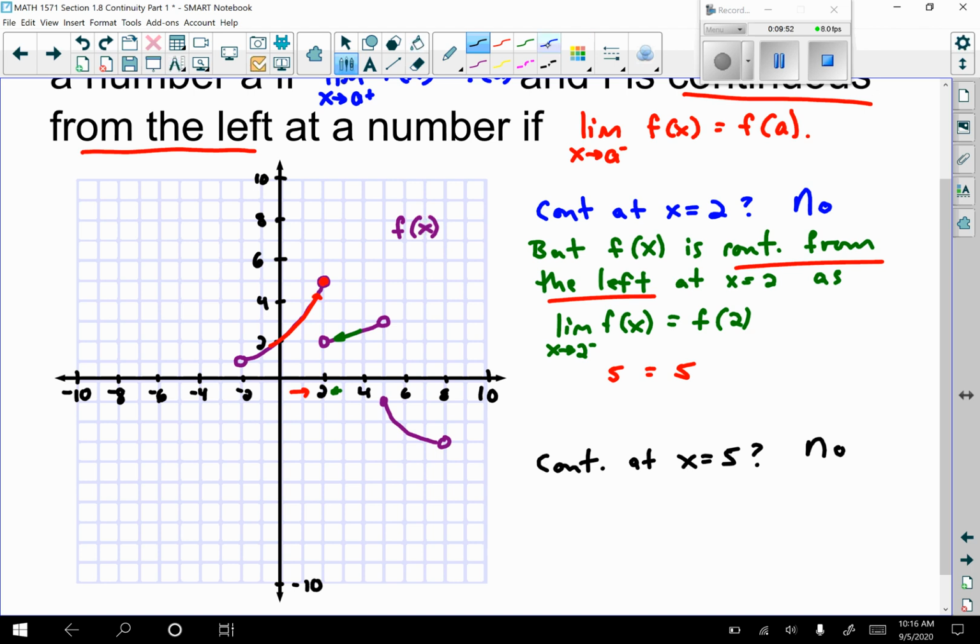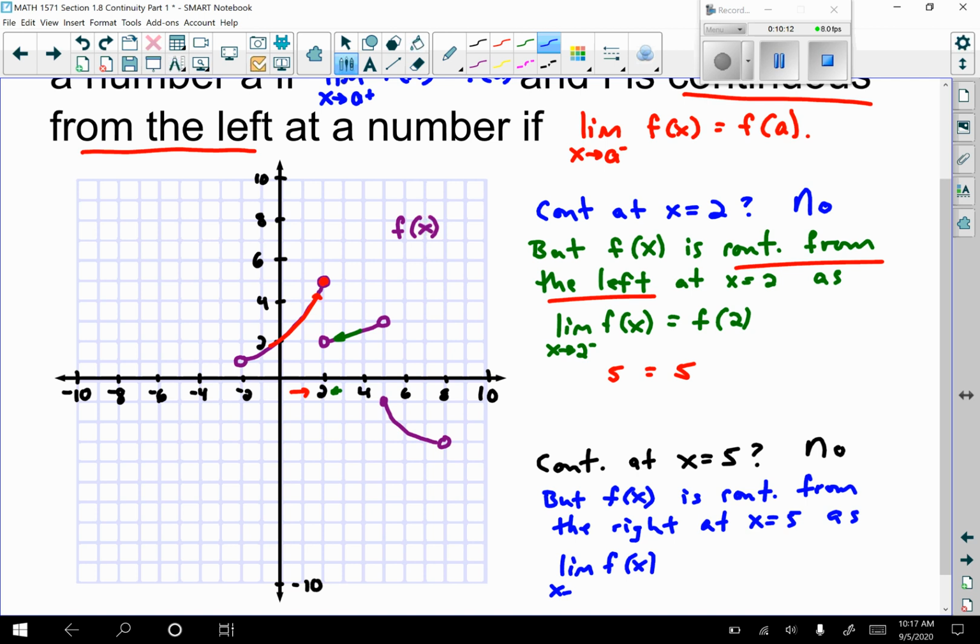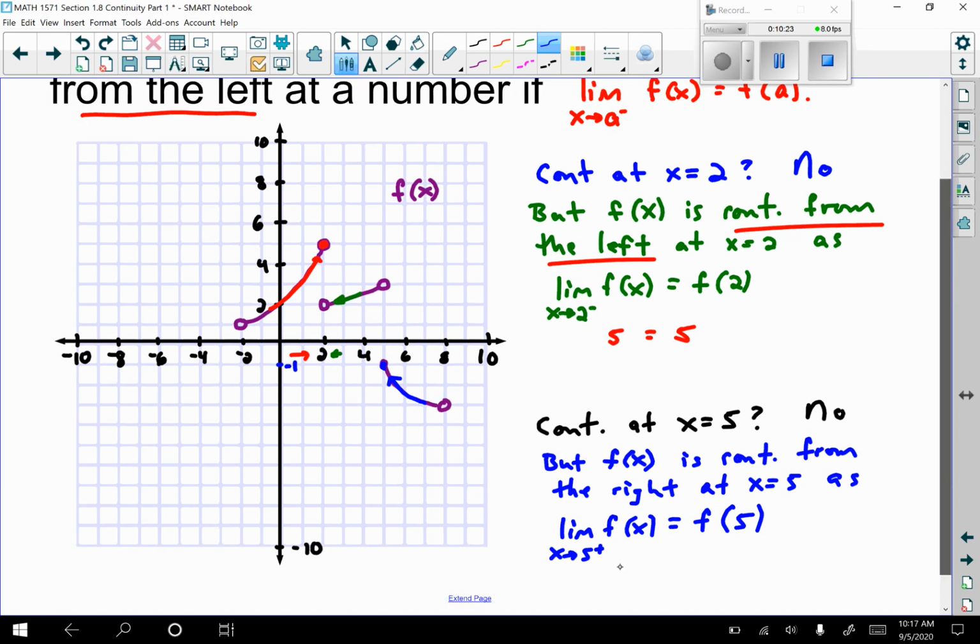But we could say that f of x is continuous from the right at x equals 5, as the limit of f of x as x approaches 5 from the right is equal to f of 5. So right here, f of 5 is equal to -1, and as we're approaching 5 from the right, that's also equal to -1.